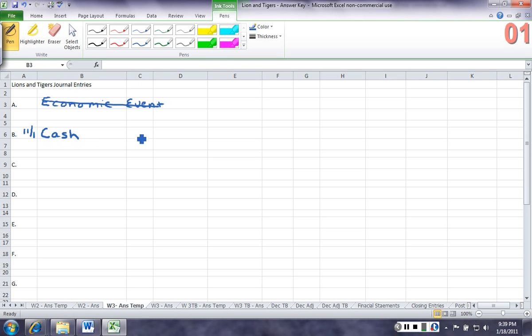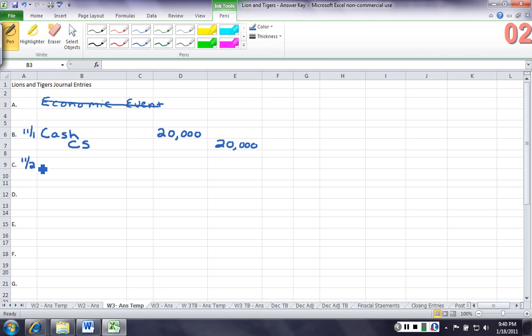And we have a posting reference column, which we're going to leave blank, and then we're going to debit $20,000. Then every entry has an opposite entry that's a credit, so we are going to credit common stock for $20,000. Now, you could provide an explanation here explaining what happened, but I'm going to omit those for this practice.